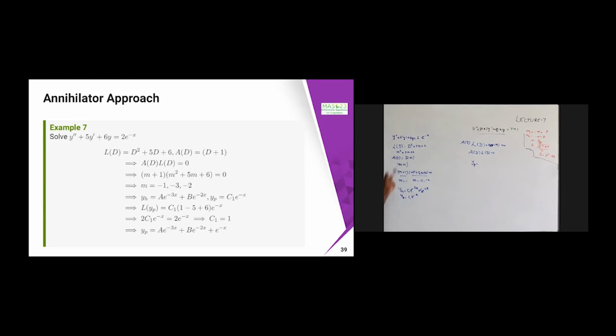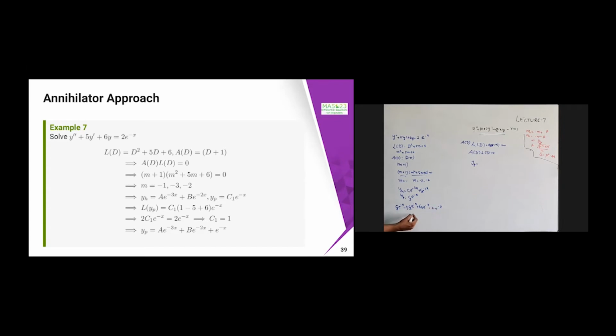If I substitute it over here, I get c3 e power minus x, because differentiating 2 times, minus into minus gives plus, then minus 5 c3 e power minus x plus 6 c3 e power minus x equal to 2 e power minus x. So 1 minus 5 plus 6 is 2, so 2 c3 e power minus x equals 2 e power minus x.